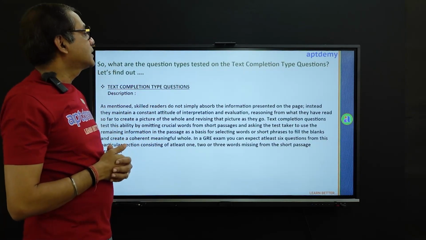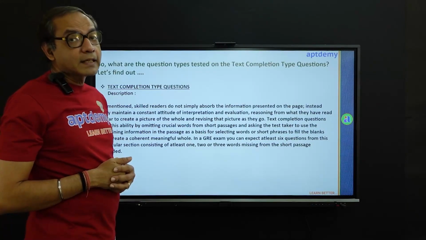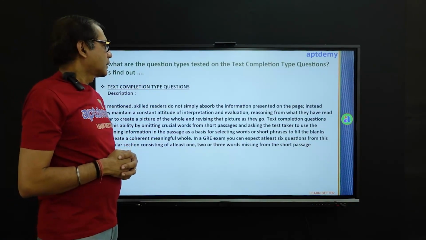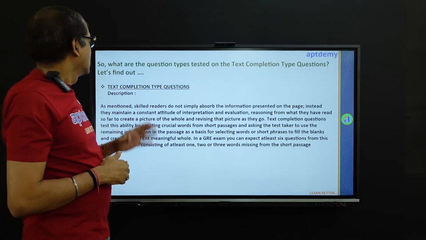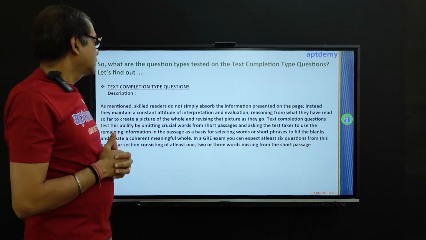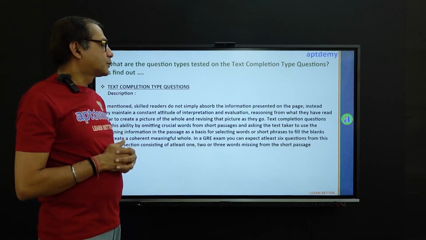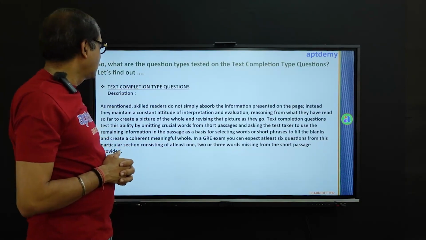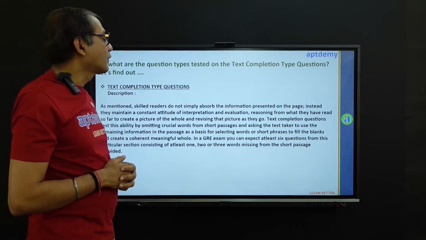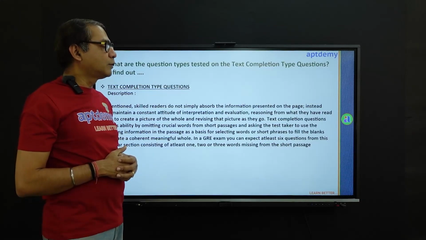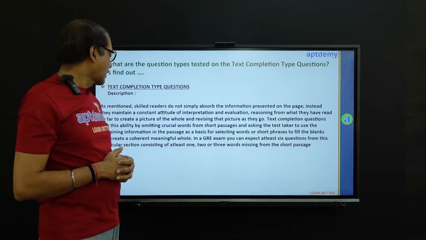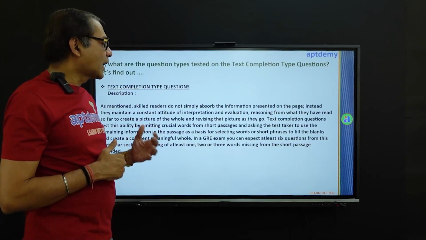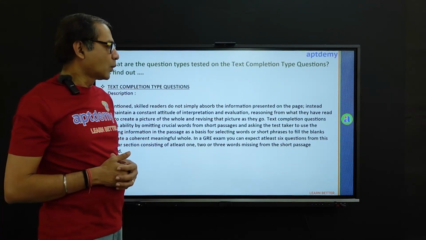So what are the question types tested on the text completion type questions? So this is the second part. Let's find out. So as mentioned, skilled readers do not simply absorb the information presented on the page. Instead, they maintain a constant attitude of interpretation and evaluation, reasoning from what they have read so far to create a picture of the whole and revising that picture as they go.